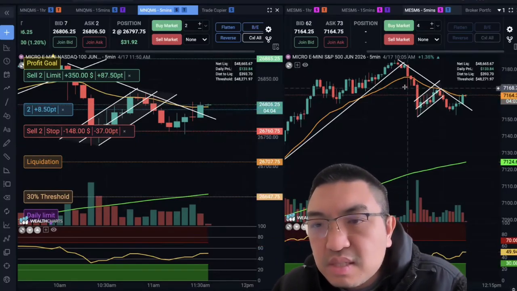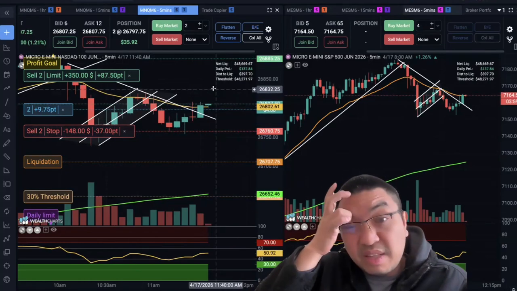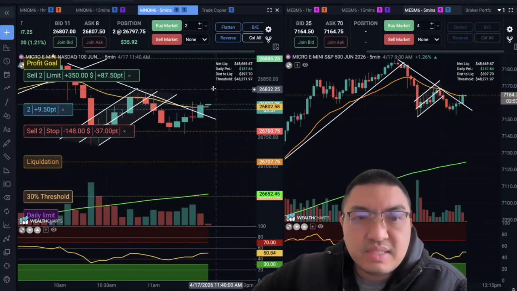Either ES or NQ move and close above the neckline. Neckline. Come on.